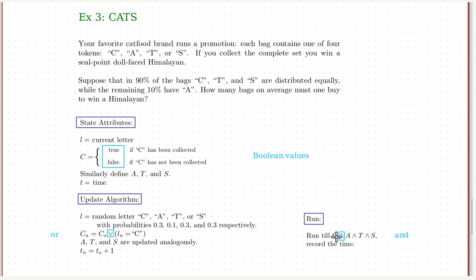So this says that C and A and T and S, all four Boolean variables, are true, which means we've collected all four letters. We will run our simulation until this happens, then stop the simulation and record the time. That'll tell us how long it took to collect all four letters.